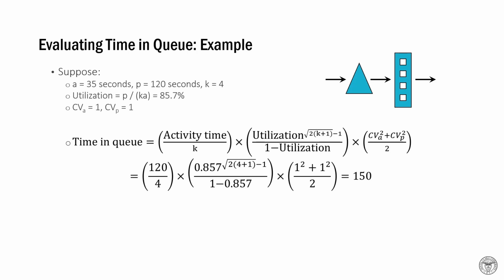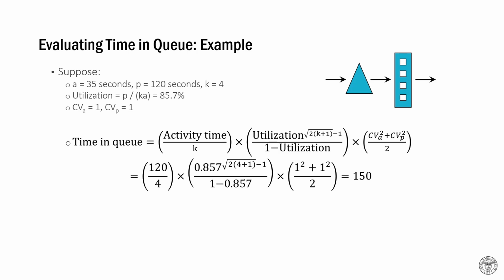Applying these values into our equation for time in queue, WQ equals activity time divided by K multiplied by the quantity of utilization to the power of the square root of 2 times K plus 1, minus 1, all over 1 minus utilization, times the quantity of CVA squared plus CVP squared all over 2.